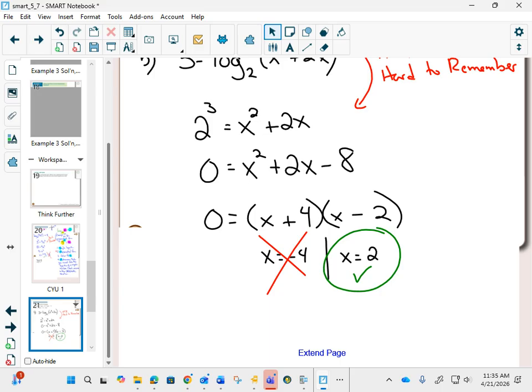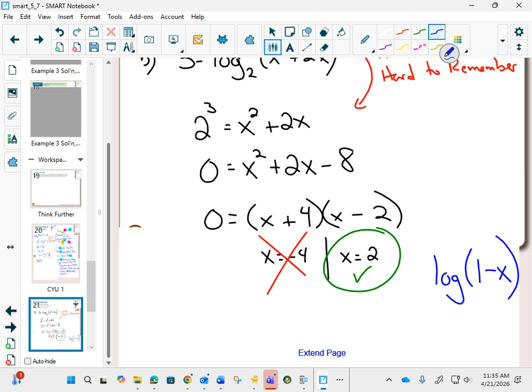So for example, if I got these 2 answers and my original was this. What happens when I plug in 2 now? What's 1 minus 2? -1. That would be bad. I'd have to cancel this out. What happens if I plug in -4? 1 minus a -4 is like 1 plus 4.